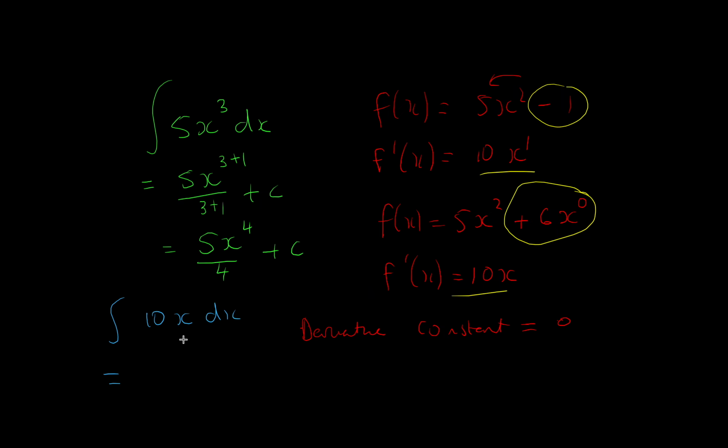There's a 1 there as the power, so we have 1 plus 1, which gives you 2. Divide by 2 plus c, and then we get to the original function, which is 5x squared. But we don't know what the constant is. It might have been minus 1, might have been 6, or something else. And that's why we always say plus c for the constant.